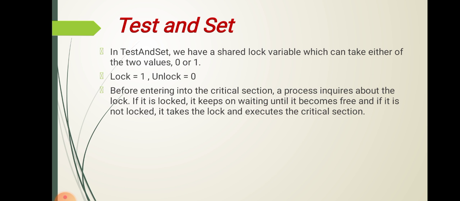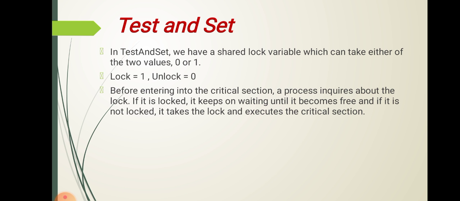So lock equal to 1 means the critical section is occupied and a process is present inside it. Clear? If the lock value is 1, some process is executing in the critical section. When the lock value is 0, no other process is working in the critical section, which means the critical section is fully free.